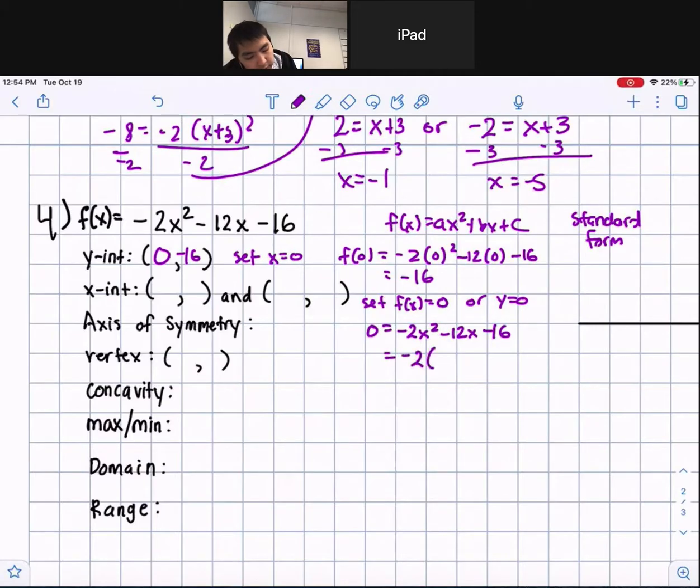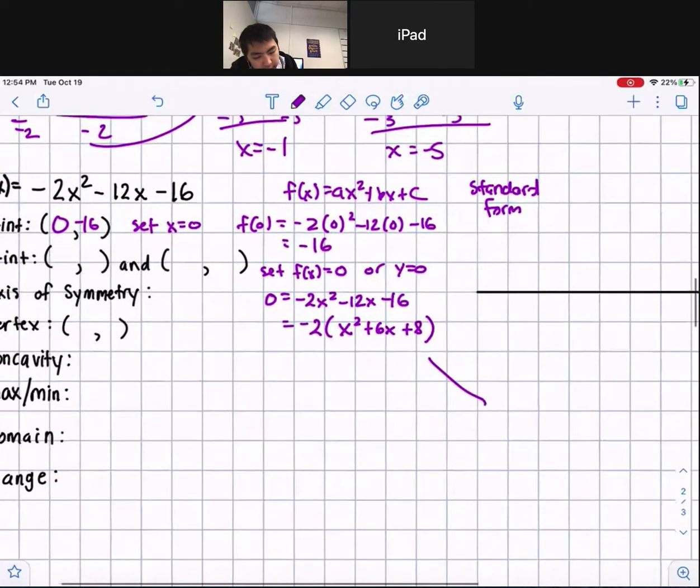So factor out negative 2. Divide each one by negative 2, and you're going to get that. Negative 2 divided by negative 2, 1x squared. Negative 12 divided by negative 2, 6x. Negative 16 divided by negative 2, 8. So now you factor this by using your good old x method.